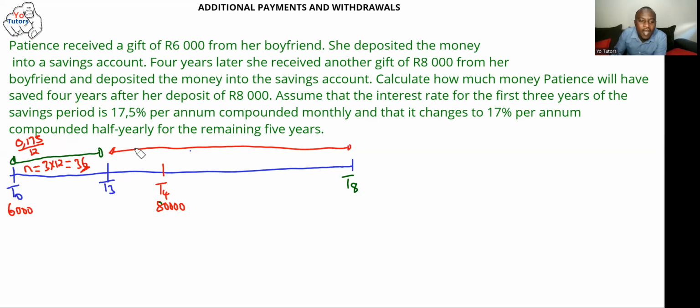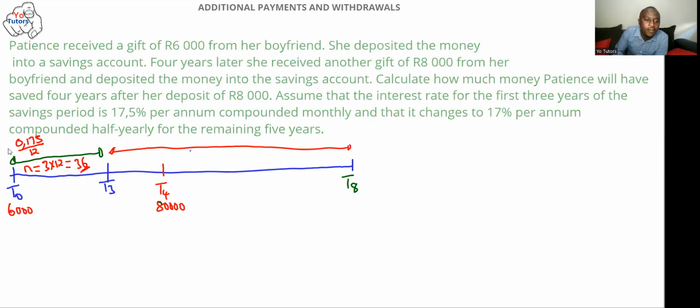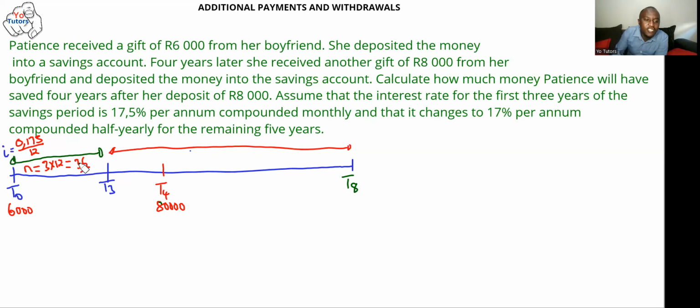So let's start with our i, the second i is equal to 0,17 over 4. It's over 4 because it's compounded quarterly. Then our N for that whole period is going to be 5 years times 4, which is going to give us 20.